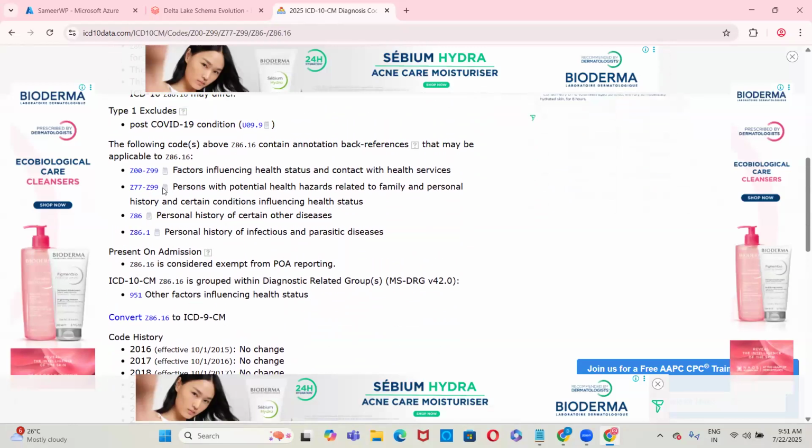So can you see here? Z00 to Z99. Z77 to Z99. So these are all the conditions. Okay, guys. And now, can you see here?